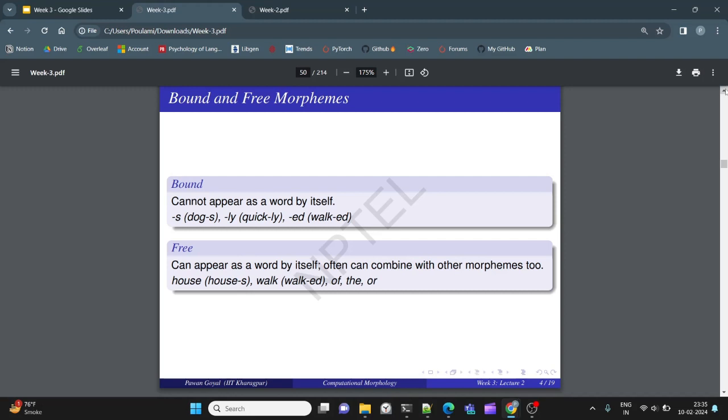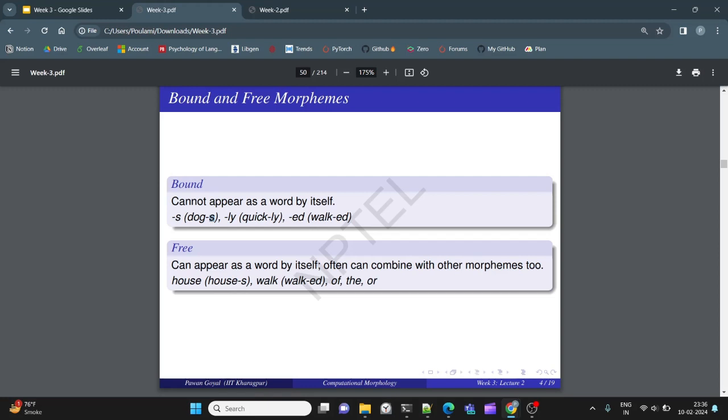So what are free and bound morphemes? Bound morphemes are morphemes which cannot independently exist. They need to be attached or bound to another word, and only then can they appear within a word. For example, in dogs, the morpheme s is a bound morpheme.